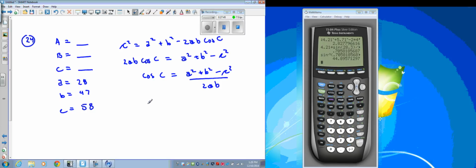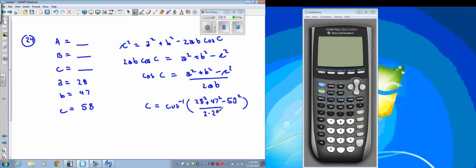So what I'm going to do is go ahead and do C equals cosine inverse of this deal up here. And I'll put those values in, I guess. 28 squared plus 47 squared minus 58 squared. 2 times 28.